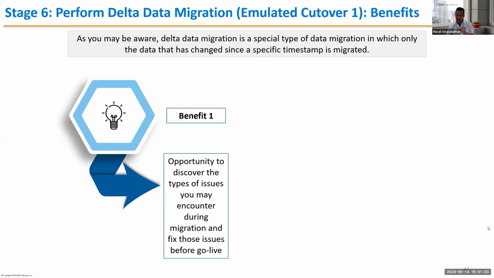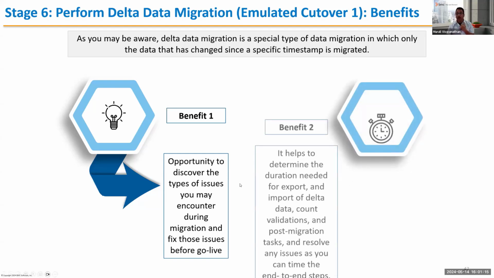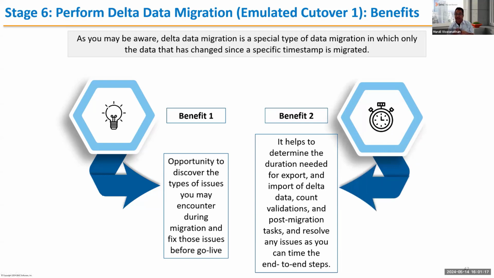There are 2 benefits in practicing immediately here. You'll have an opportunity way early in the cycle to find out what type of issues you'll encounter and how you need to fix those from a data perspective, do's and don'ts, whatnot. And it also helps you determine the time needed, right? So let's say from stage 4 to stage 6: stage 4 is the full data migration, right?